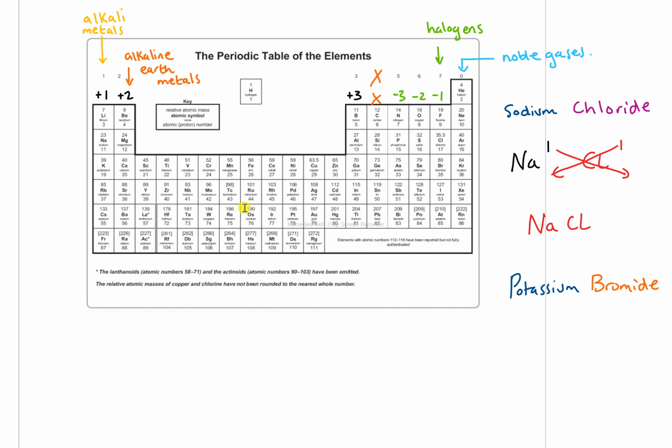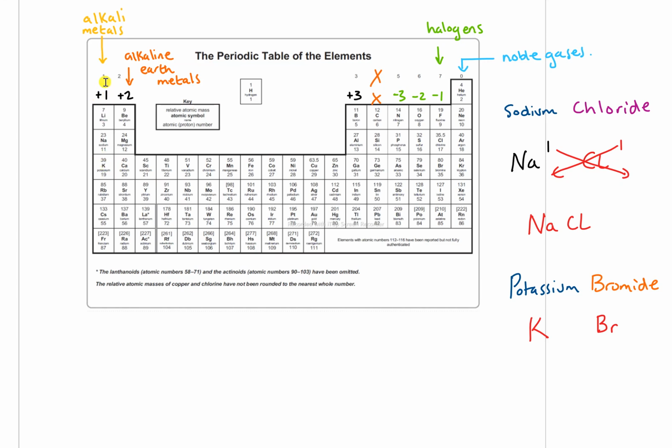So what we're going to do is look for potassium: lithium, sodium, potassium. So I'm going to come over here and write K. And then bromide is bromine, so fluorine, chlorine, bromine, bromide, I put Br. Capital B, lowercase r.